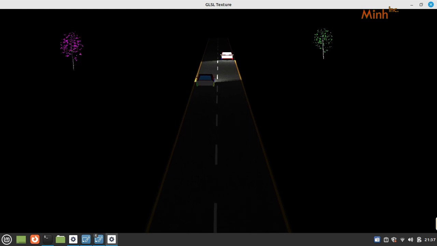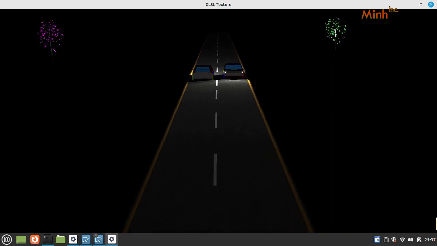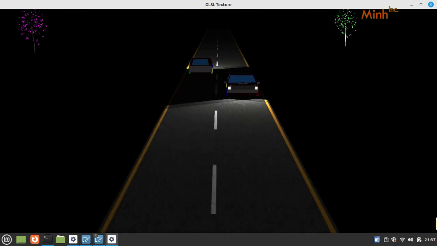Now, the first car is moving and can we see the headlight of the second car is not on the first car? Okay, I can make it bigger. Okay. Now the first car is moving silently.